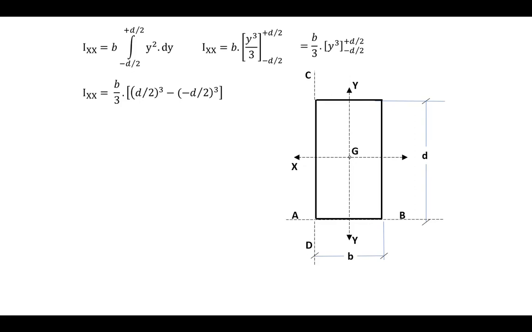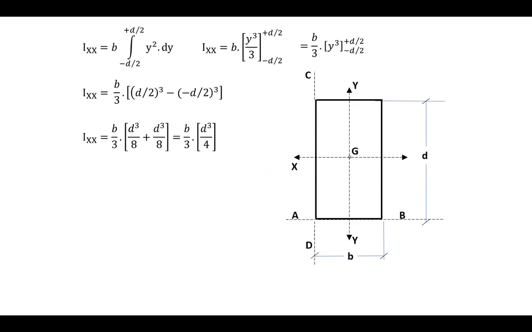Okay, which is given b by 3 into d by 2 whole cube minus minus of, because the limit, if you substitute minus d by 2 the whole cube, so minus cube will be minus only, so minus into minus plus it will become.